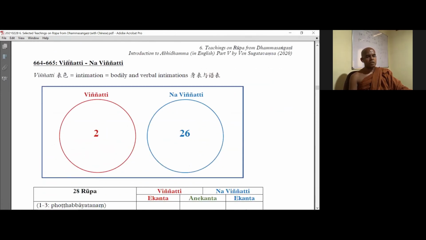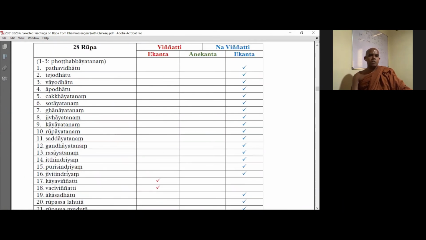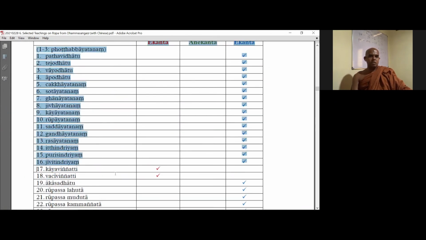After that, explain again the vinnatti group. Next classification, vinnatti group: vinnatti rupa and na vinnatti rupa. Vinnatti is called intimation, bodily and verbal intimation. Only two vinnatti rupa: bodily intimation and verbal intimation, kaya vinnatti and vaci vinnatti.